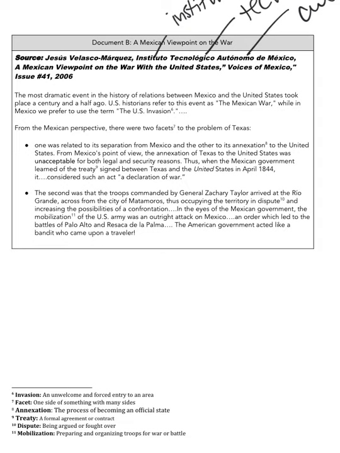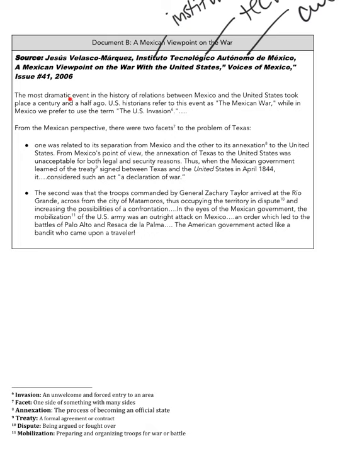Document B, A Mexican Viewpoint on the War. Source, Jesús Velasco Márquez, Instituto Tecnológico Autónomo de México, A Mexican Viewpoint on the War with the United States. Voices of Mexico, issue number 41, 2006.